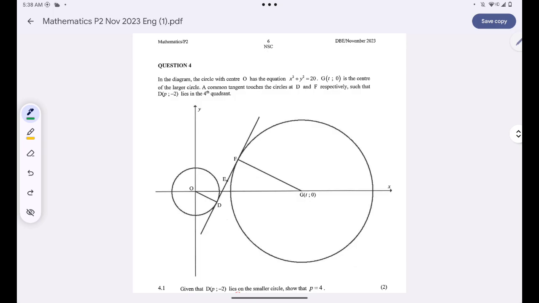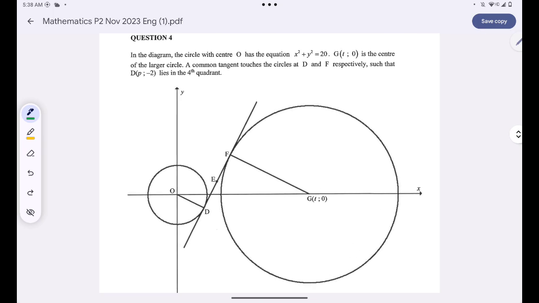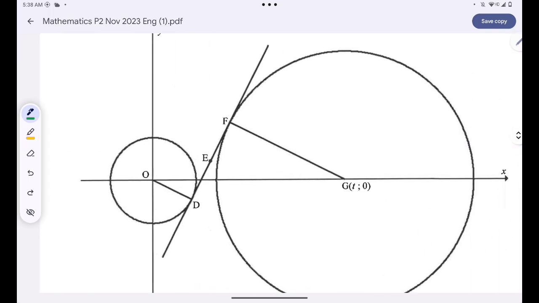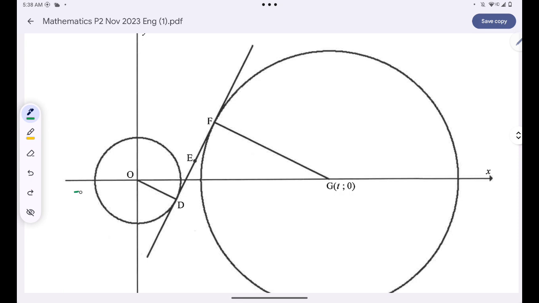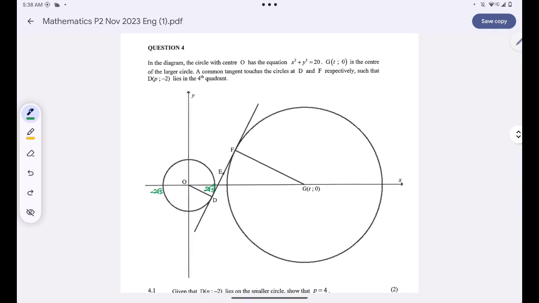Then I'll find the square root of 20 on both sides. The square root of 20 will give me plus or minus 2 root 5. So here the x value is negative 2 root 5, and over here I'll have a positive 2 root 5.